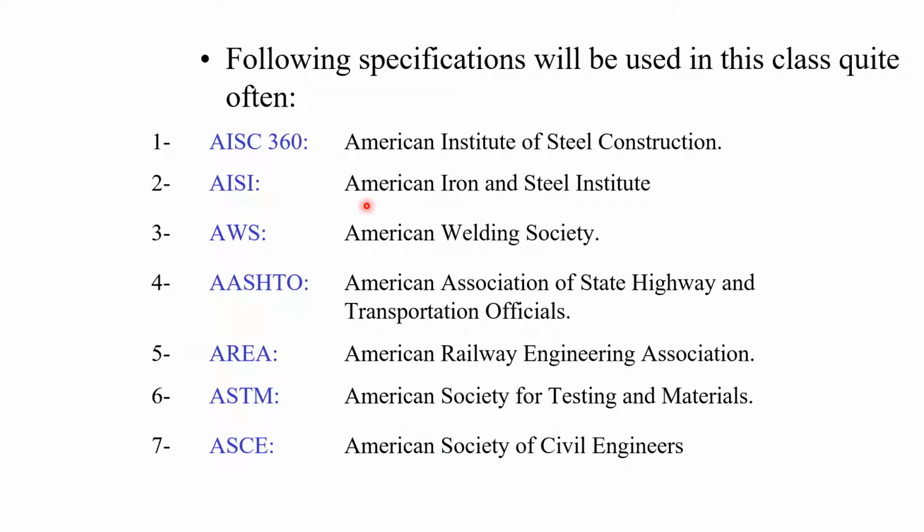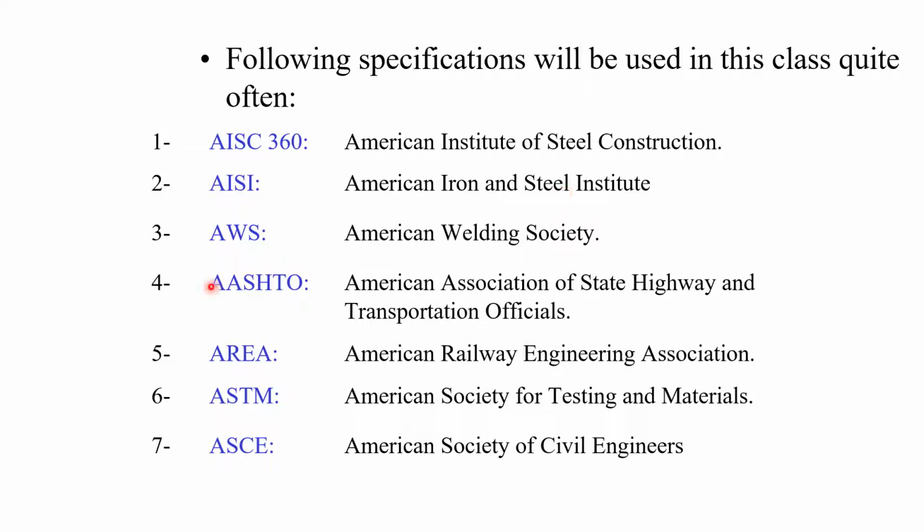So here are the following codes for steel construction and steel designing. AISC 360, used for the designing of steel members, that is American Institute of Steel Construction. AISI, American Iron and Steel Institute, for the database of different types of steel sections, angle section, channel section.